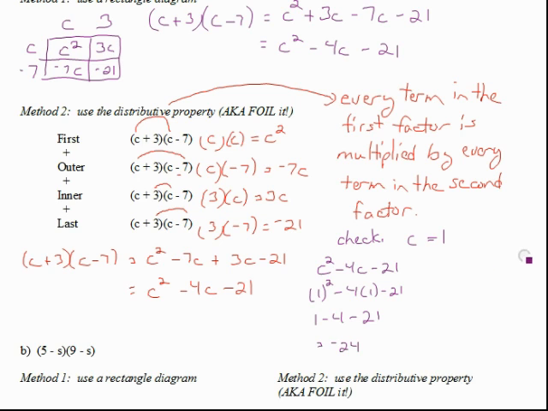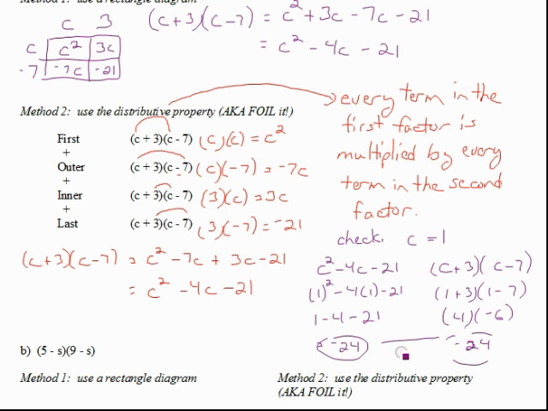Okay. And then we would also go over here, c plus 3 times c minus 7. So 1 plus 3 and 1 minus 7, so 1 plus 3 is 4, and 1 minus 7 is negative 6, which, haha, equals minus 24. So, yay, they're the same.